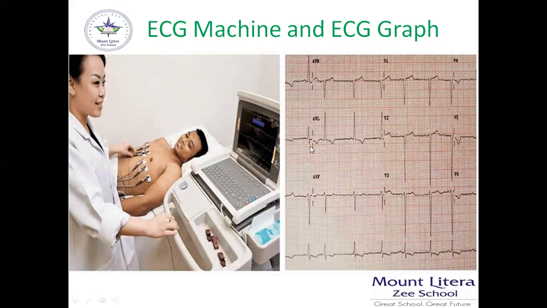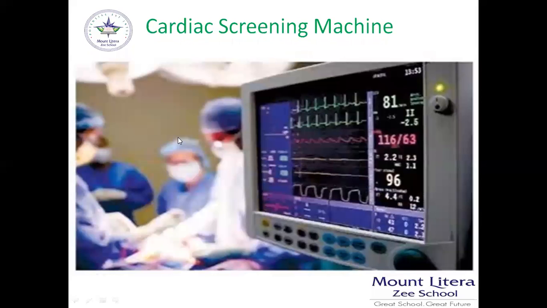This is the ECG graph and this is the ECG machine, and this is the cardiac screening machine. So you can see the picture. There are also electrical impulses, which make it easier for the doctors to identify the concerned treatment for the patient.